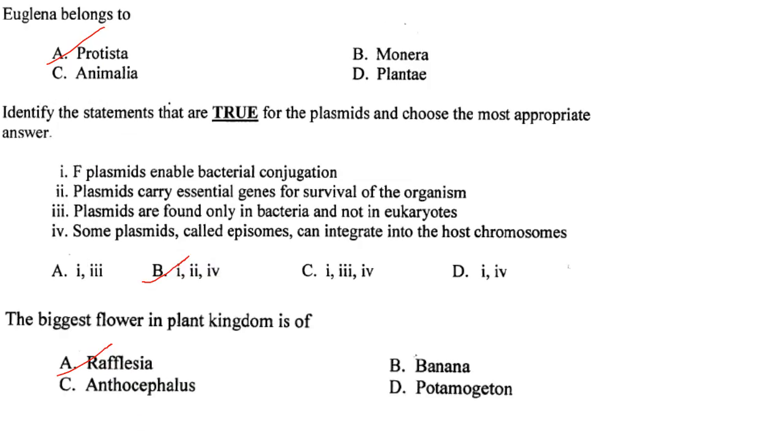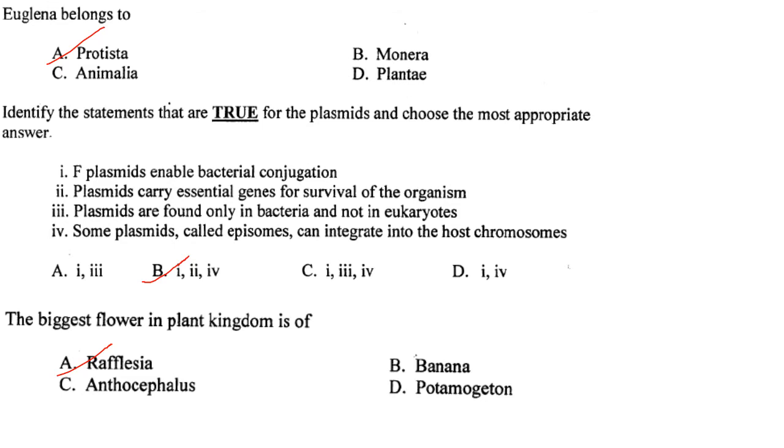The next one. Euglena belongs to Protista. The next one. Identify the statements that are true for plasmids and choose the most appropriate answer. F plasmids enable bacterial conjugation. That's correct. Plasmids carry essential genes for survival of the organism.